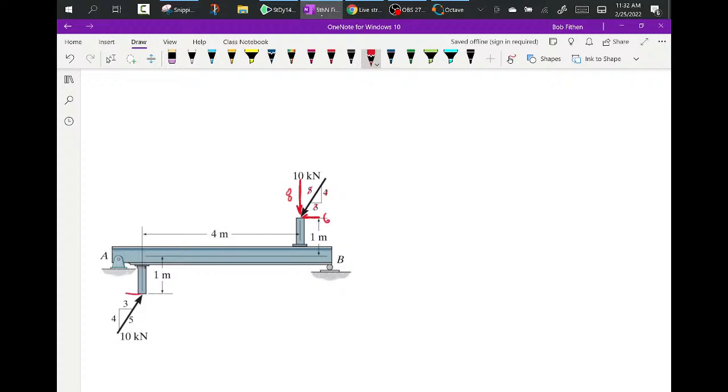This one, multiply times 2 gives you 10, 2 gives you 8, 2 gives you 6. So there's your two individual couples. We'll do the 8 first. The perpendicular distance between this 8 and that 8 is 4 times 8.